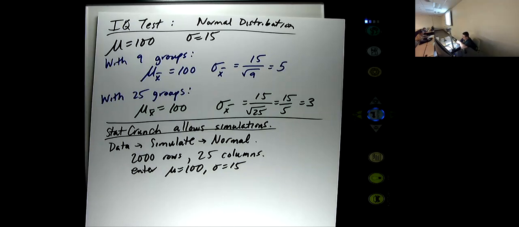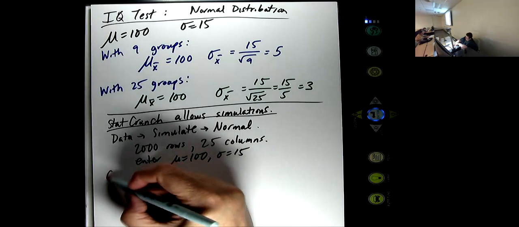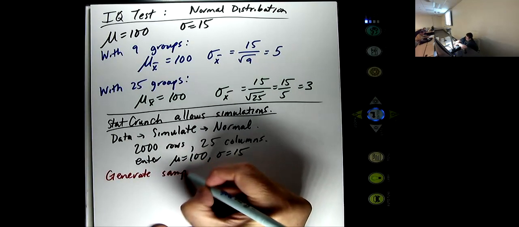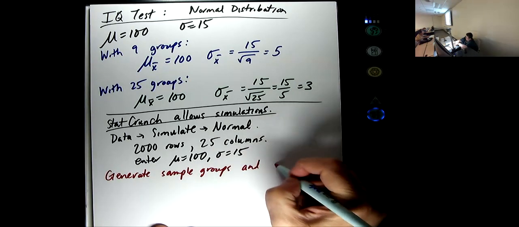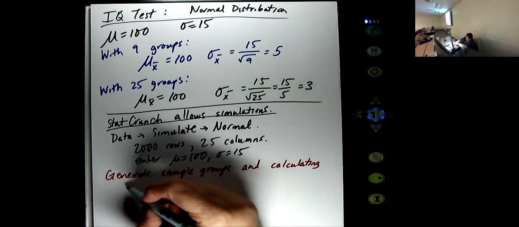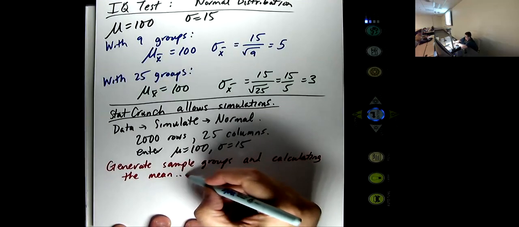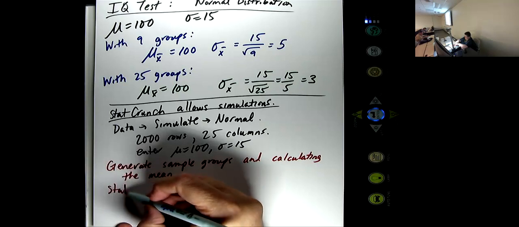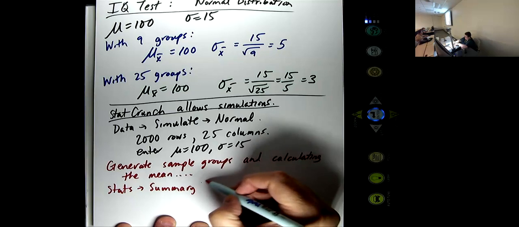After that, you can start simulating these groups. You can generate sample groups and calculate the mean among the groups. I did stats, summary stats, rows.